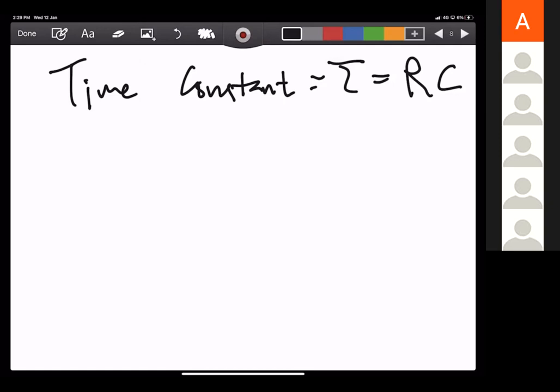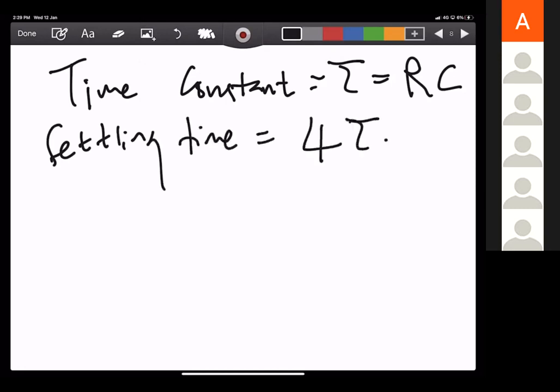Okay. Settling time. For tau, that is the formula in the notes. So TS is equal to 4 tau, equal to 4 RC, equal to what?